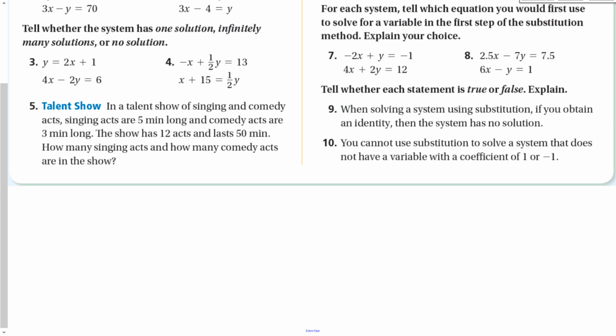Okay. Number 4, if you want to work that out, is going to be no solution as well. Let's set up the equation for number 5. In a talent show of singing and comedy acts, the singing acts are 5 minutes long, comedy acts are 3 minutes long. The show has 12 acts and lasts 50 minutes. So it means both acts together give me 12.